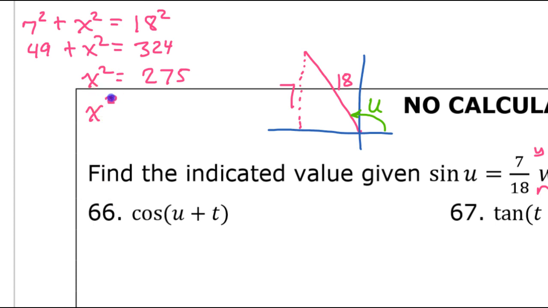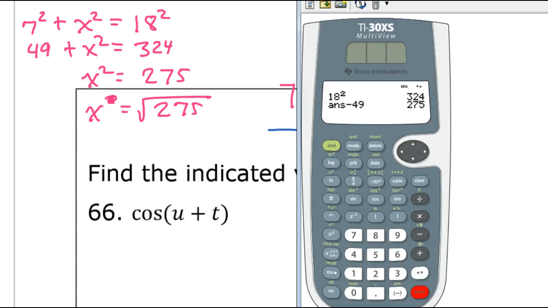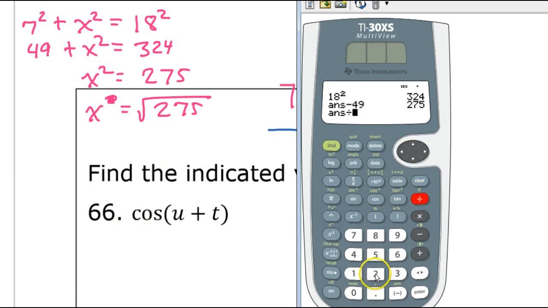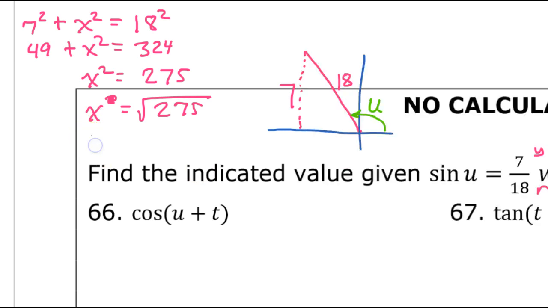All right, so that means x is going to equal the square root of 275. 275 is definitely divisible by 25. So that means this is the same thing as the square root of 25 times the square root of 11. So that means we've got 5 radical 11. So that means this is negative 5 radical 11.